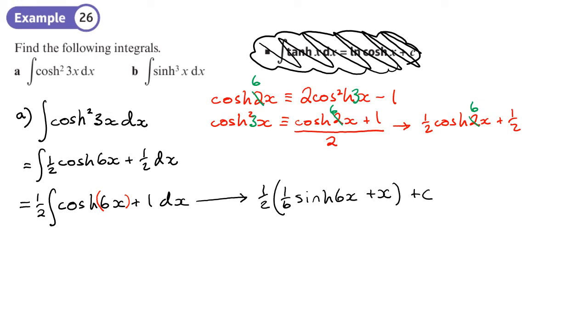Then I'll expand out the brackets, and that will give us 1/12 sinh 6x plus half x plus c.